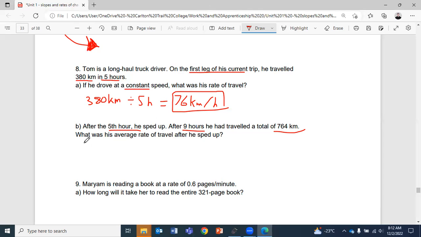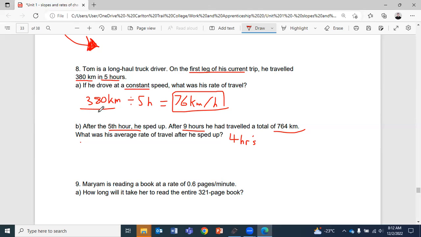So let's figure out the actual distance he needs to go. It's not 764. We know that he sped up at hour 5, we're at hour 6, hour 7, hour 8, hour 9. We know that in 1, 2, 3, 4 hours, so first off, there is a total of 4 hours. And within these 4 hours, he drove 764 kilometers minus this number, right?